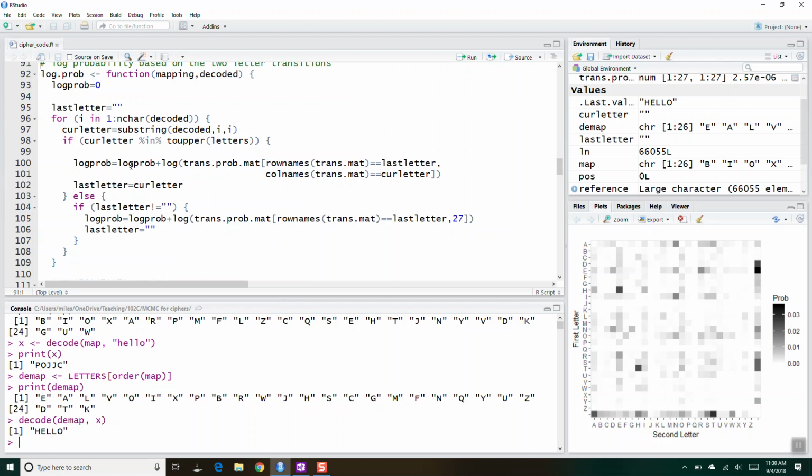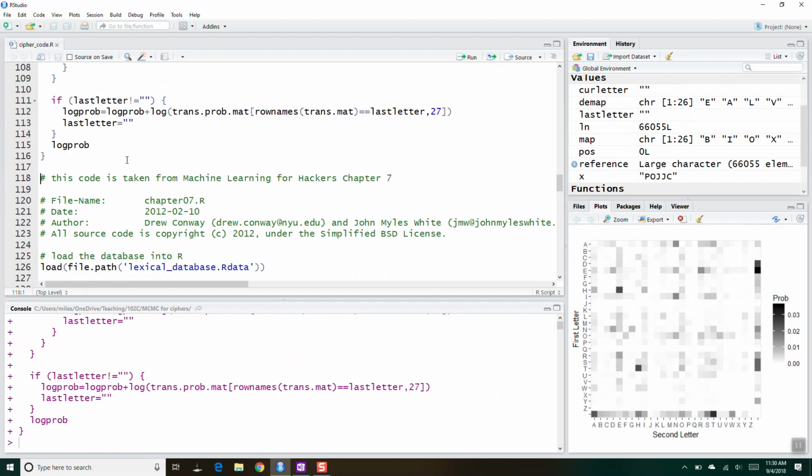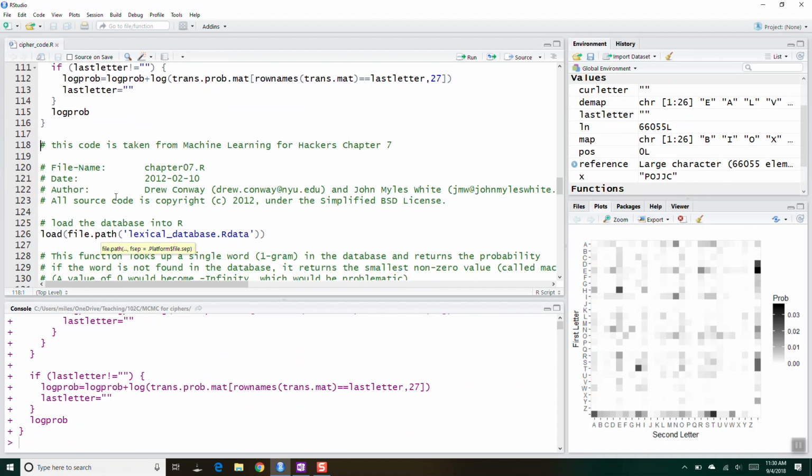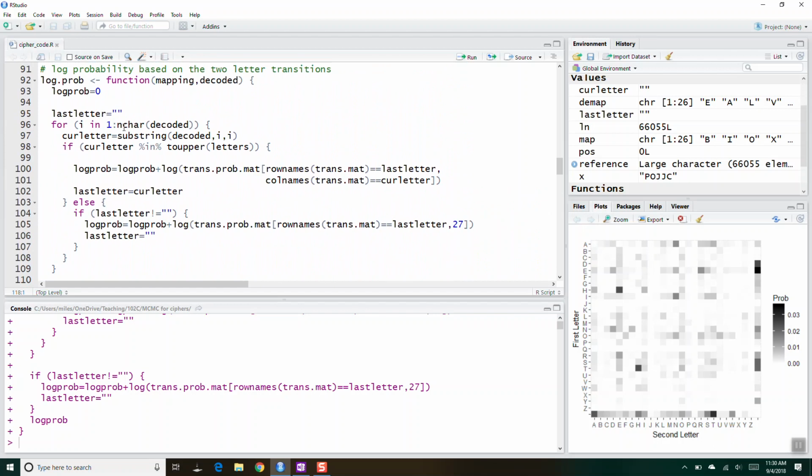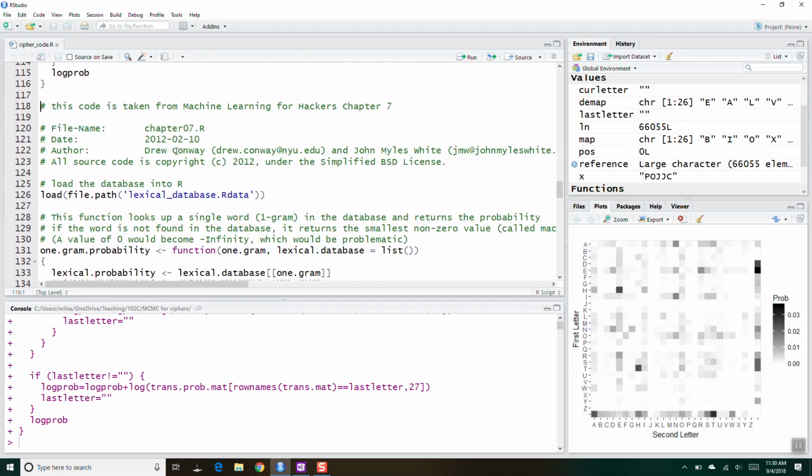It adds that up, and it's going to calculate the log probability of our word, all right? So this is going to find the log probability based on the two-letter transitions, as discussed. It looks up each combination in the table, takes the log of that, and adds it. And it does that for each thing.